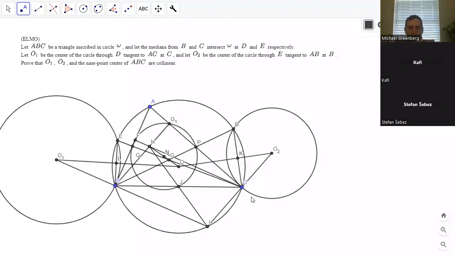We know PQ is parallel to BC, so we have a lot of parallels. So I guess we could try to show that O1H is perpendicular to CD. That would basically solve the problem.